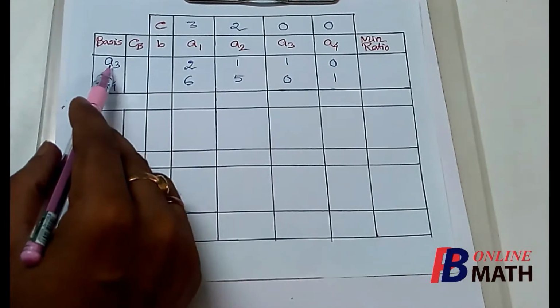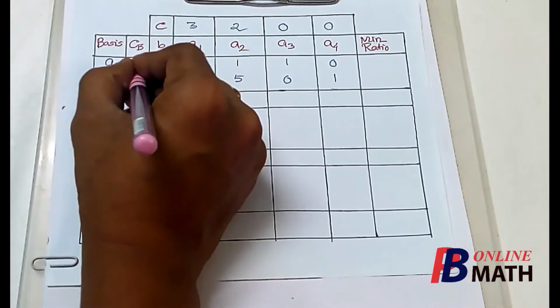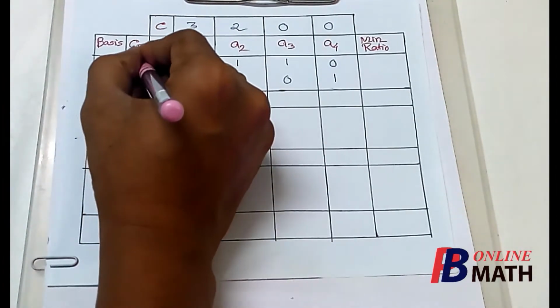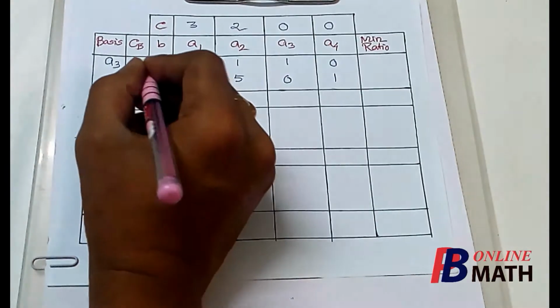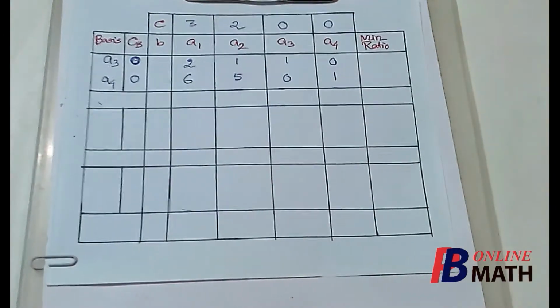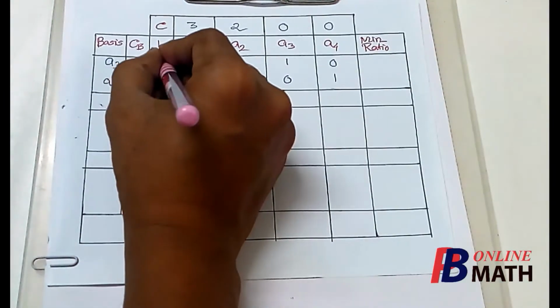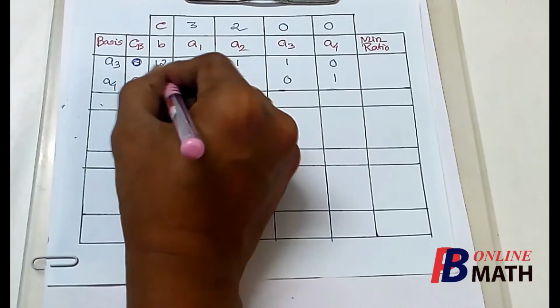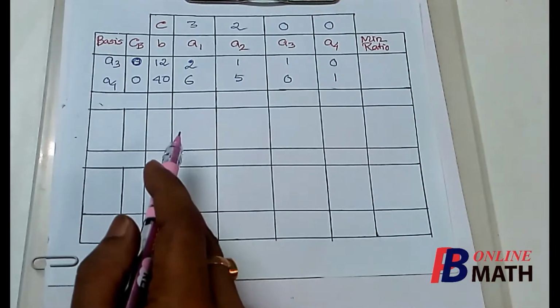Now the corresponding cost values: A3 has 0 and A4 also has 0 cost value. Now the b vector, which is 12 and 40, can be found from the right hand side of the equations.